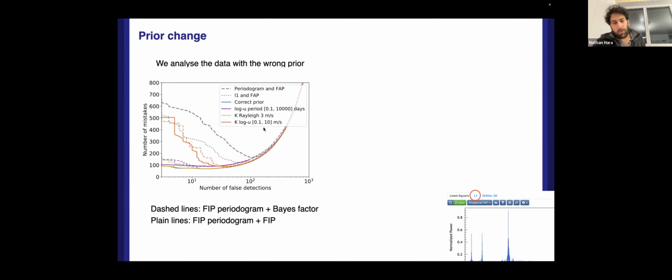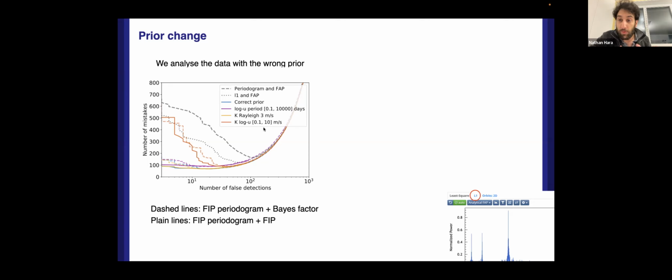Yeah, so now an important test that you can run is to change the prior. I generated the data with a certain distribution of semi-amplitudes or periods. And to do the analysis so far, I used the same prior as the one that I used to generate the data.